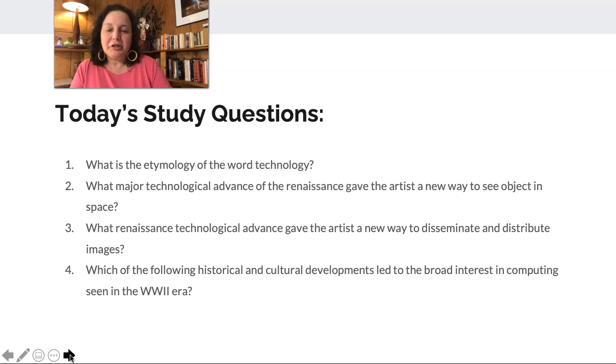We're also going to look at things that happened in the Renaissance and how those fed into the overall wave of history and historical development. And we're going to take this lecture all the way up to the World War II era, which is where what we would consider an actual computer, that real computing technology, was first starting to be invented and used.